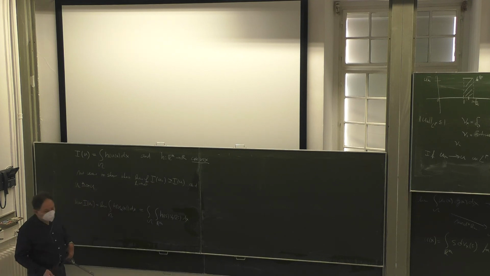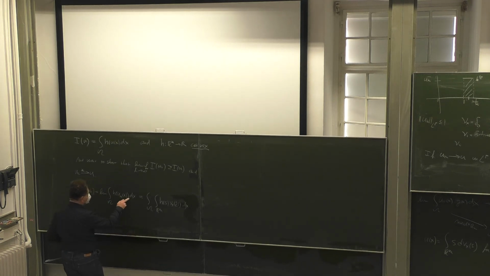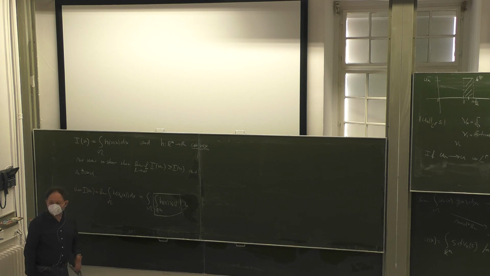There is no g function here, so this is very easy. So I just do this, and I look at this middle piece here. Here we have h of s integrated with respect to a probability measure, and h is convex.